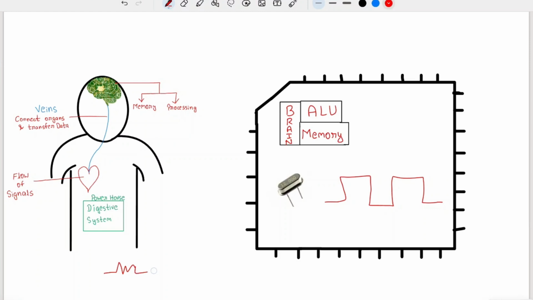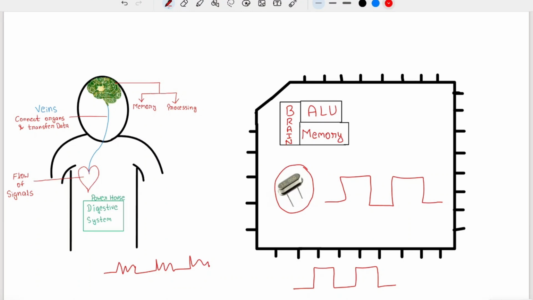Just like the heart has a heartbeat in the human body. And because of this heartbeat, signals flow throughout the body. Similarly, here the microcontroller has square clock pulses, because of which data can flow through the entire microcontroller. Hence the clock is called the heart of the microcontroller.